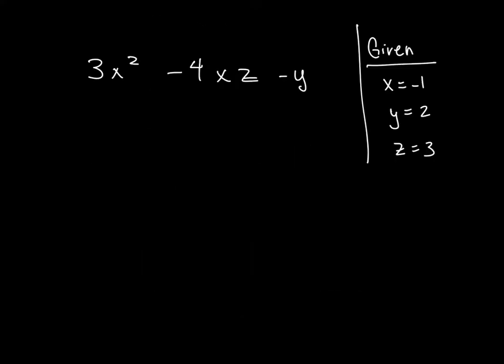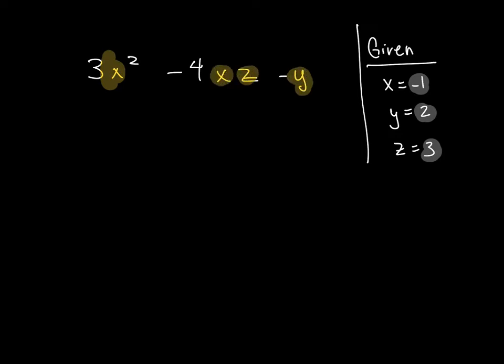When you're going through and putting in values for variables, this is saying x is equal to negative 1, y is equal to 2, and z is equal to 3. When you put those pieces in, make sure you're putting them in for each individual piece.